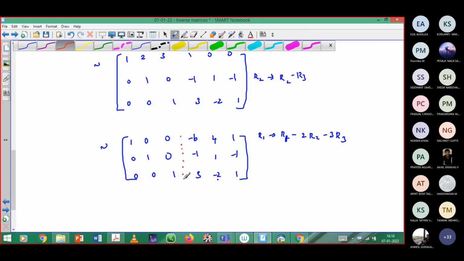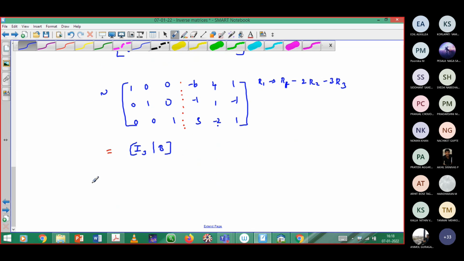This is the I3 augmented matrix with B. So what is that B? That is my question. Here A inverse equals B, that is minus 6 4 1, minus 1 1 minus 1, 3 minus 2 1.